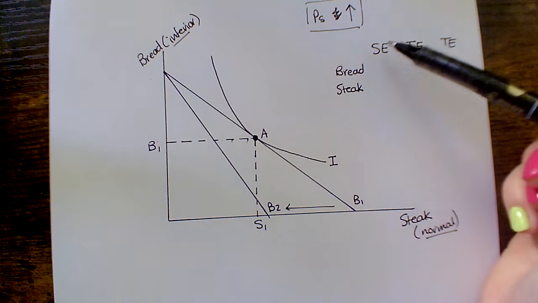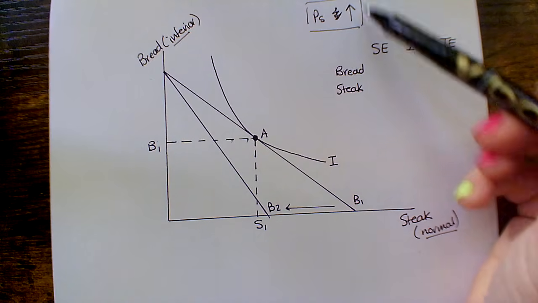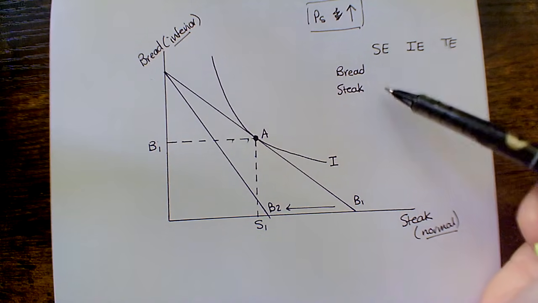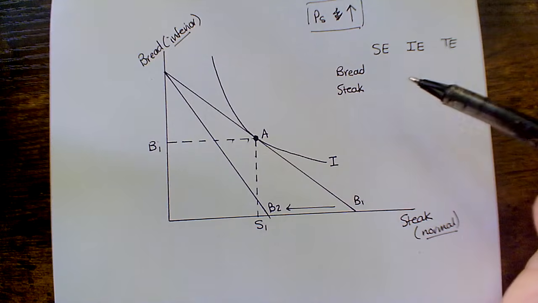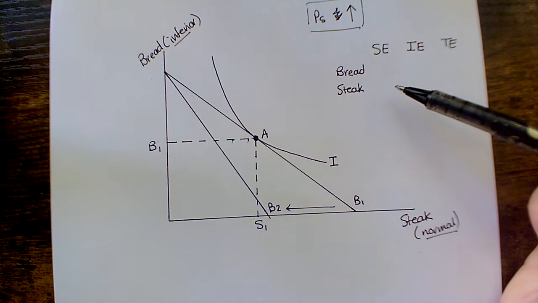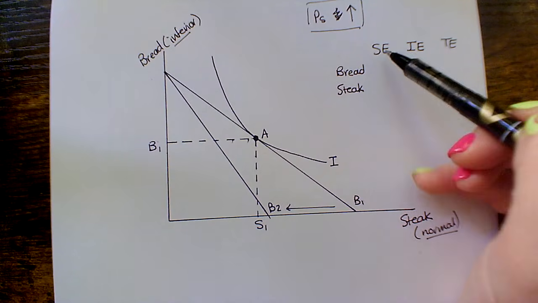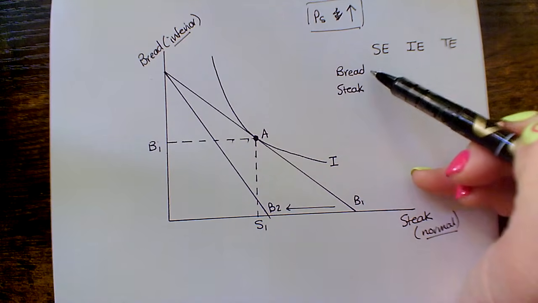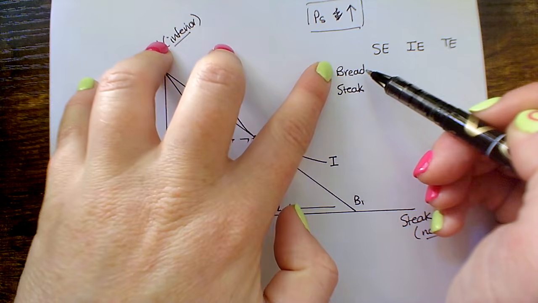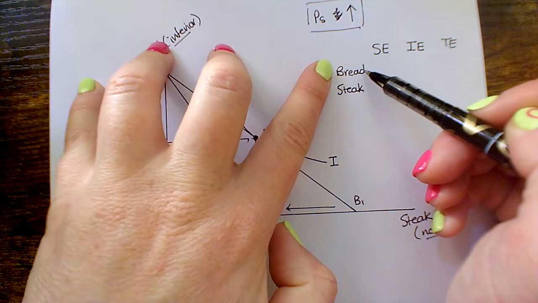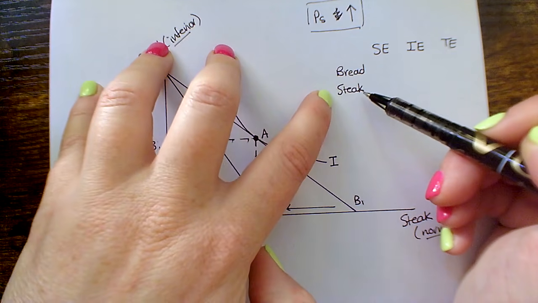The first thing that we need to look at is how this price change results in a change in consumption through substitution, holding utility constant. The substitution effect would tell us that bread now becomes relatively cheaper because steak has become more expensive.